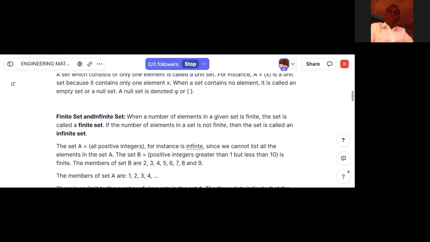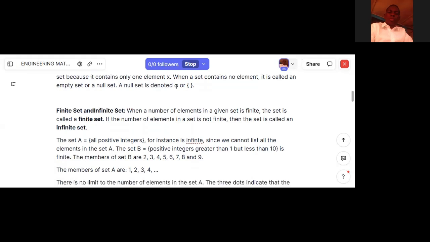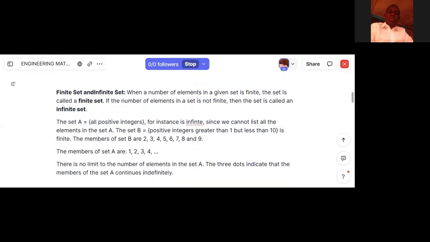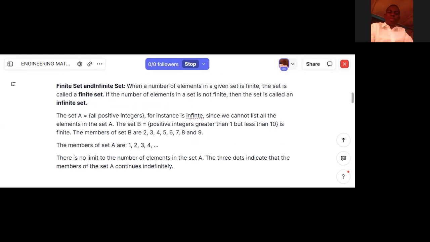We have 2, 3, 4, 5, 6, 7, 8, 9. So we have numbers 2 to 9 being members of that particular set. It is a finite set.